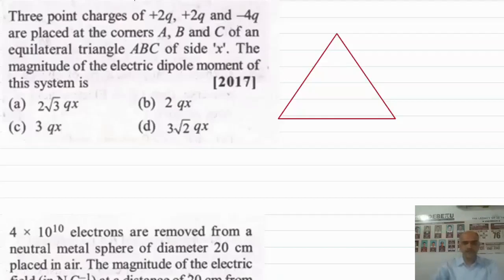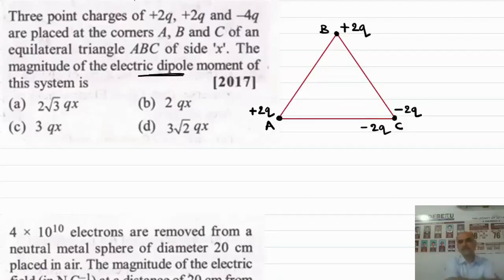So I will take this point as A, here plus 2q charge is placed. This point I will take as B, here plus 2q. This point I will take as C, here minus 4q. He has asked the dipole moment. So minus 4q I will write as minus 2q, separated.